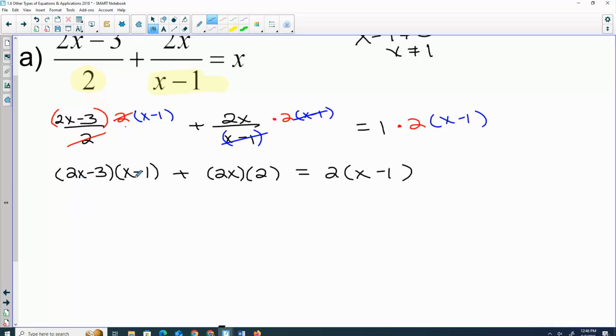So if we FOIL, we get 2x squared minus 2x and minus 3x should be minus 5x plus 3. Plus 4x equals 2x minus 2.